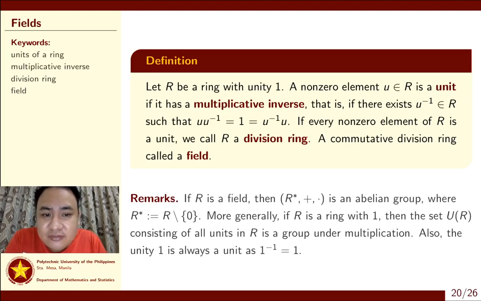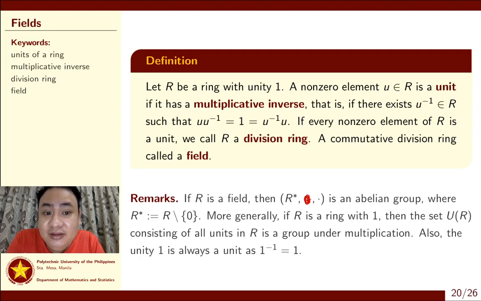If R is a field, kapag ni-remove mo yung 0 from the set, sorry, this is wrong. There's a typo. Pag ni-remove mo yung 0 doon sa set, yung ring mo without the 0, bubuo ng abelian group under the multiplication. So, hindi lang siya group under addition, yung mga non-zero elements pa niya ay bumubuo ng group under the multiplication.